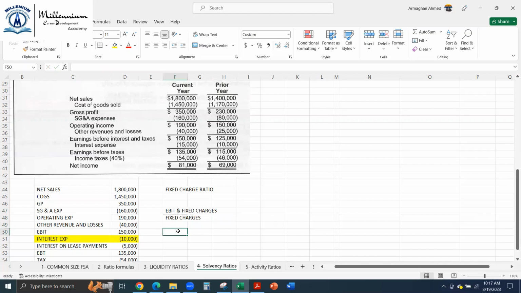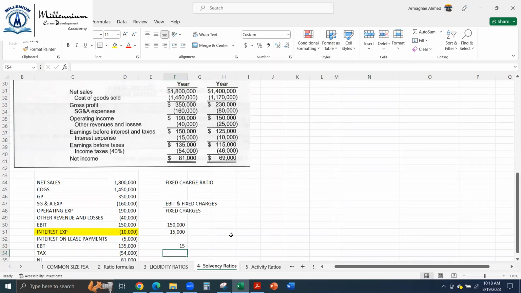EBIT 150 divided by 10,000. Not 10, 10 plus 5, 15. Sorry, fixed charges only. That's the interest plus the lease payment, both fixed charges, right? So that will be coming 15. So this is basically how we calculate the interest fixed charge ratio.